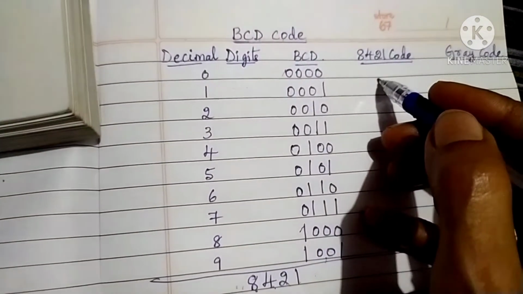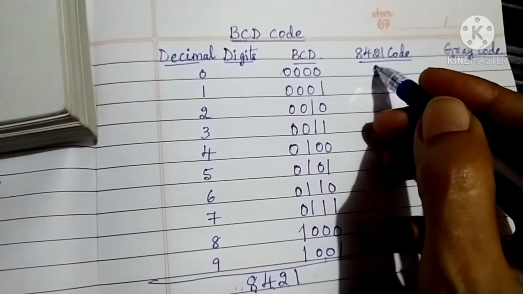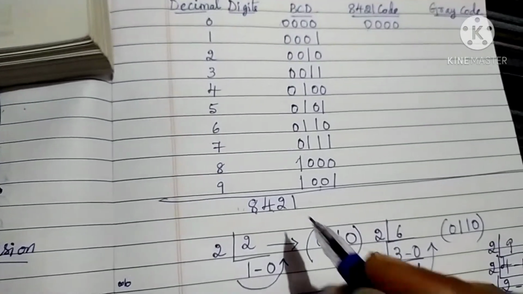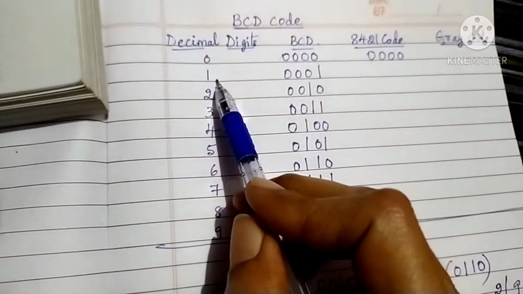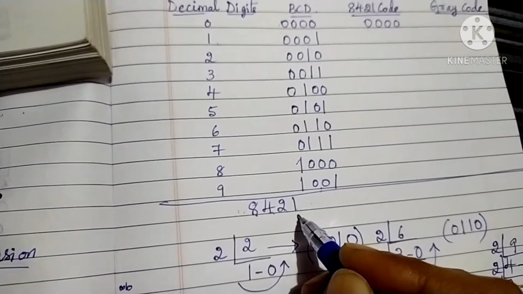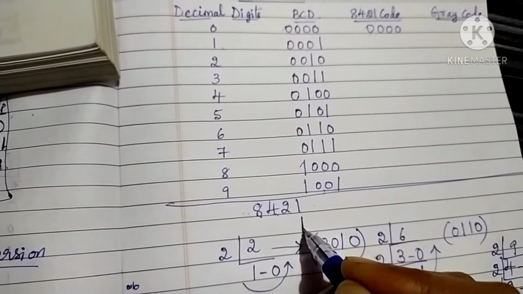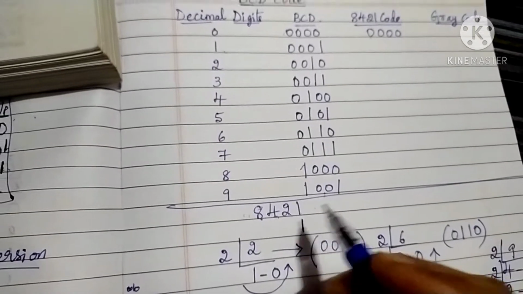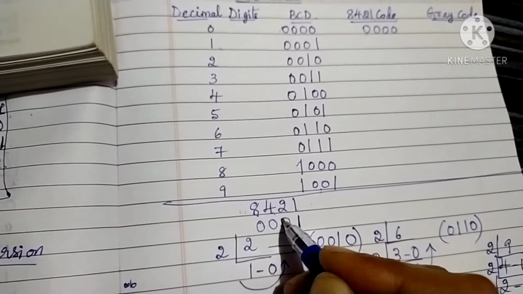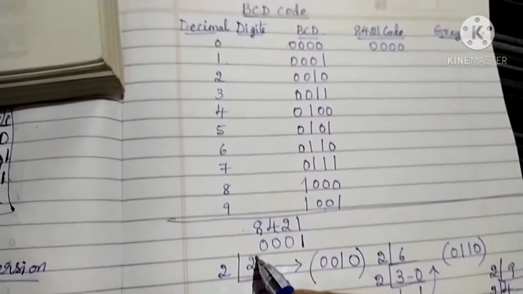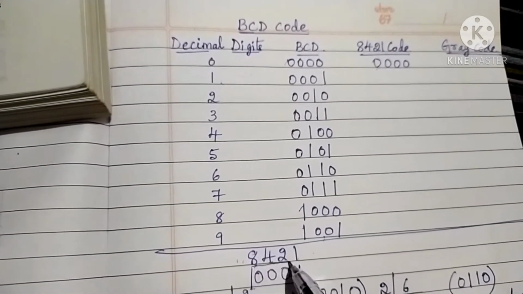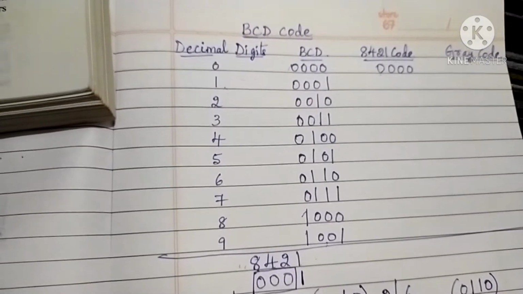Now I am going to write only zeros for the first step. For the decimal number 1, I am going to highlight only this position, and I do not need these positions, so I am making them 0.